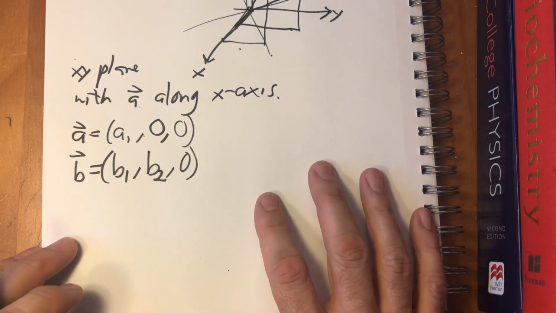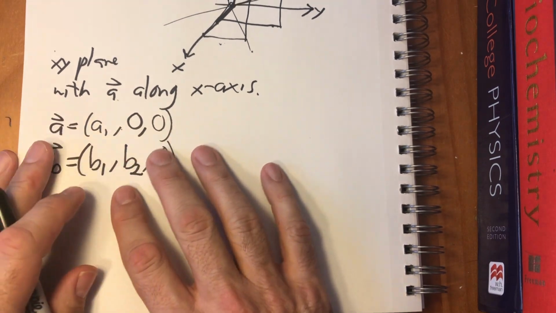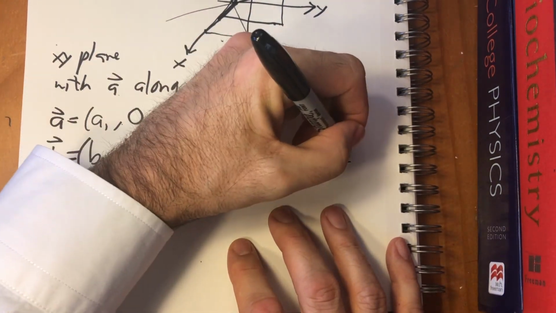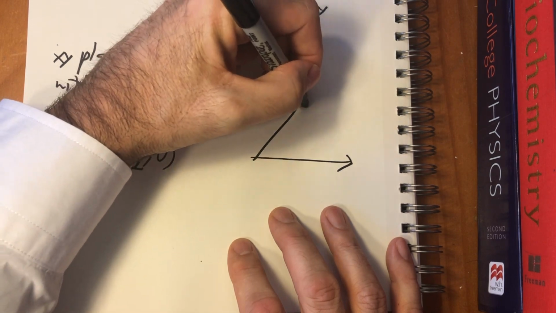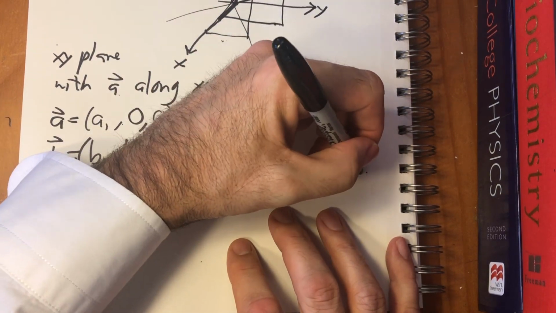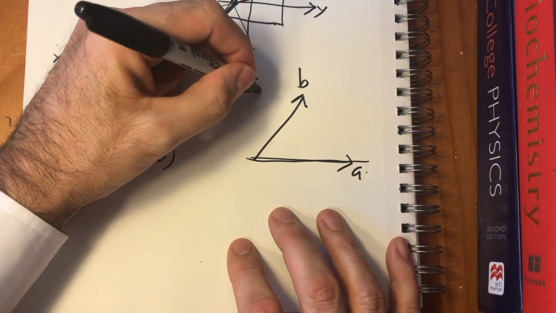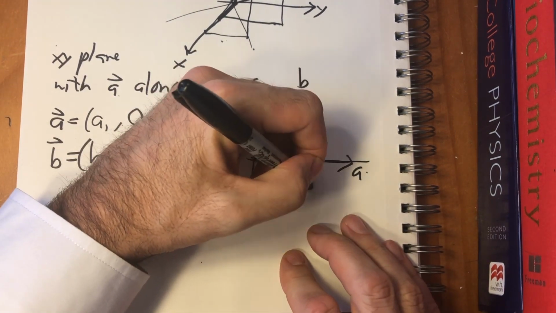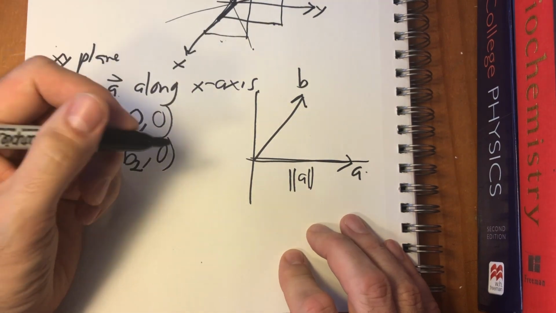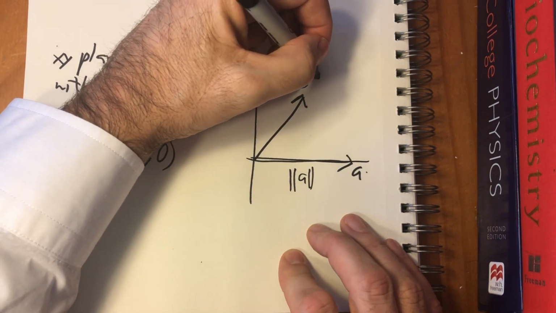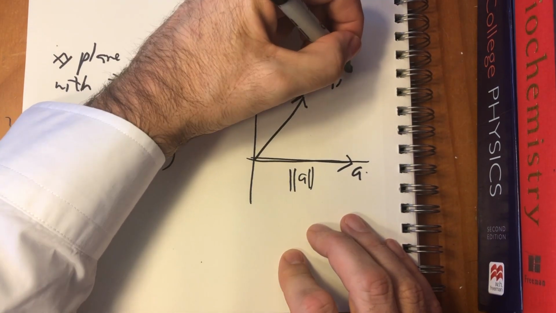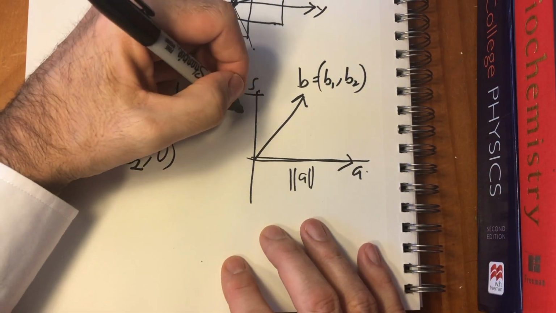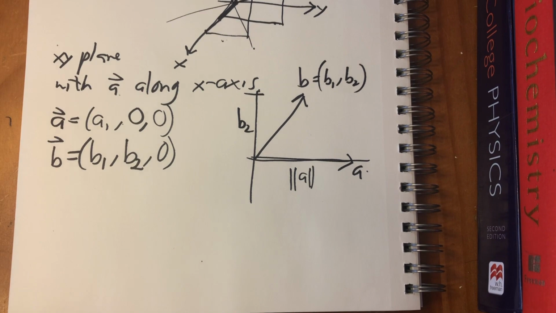Now, given that, let's first of all figure out what is the area of this parallelogram. So we have an A and a B, and they're in the xy plane. So we know that A is the base, and we know that the height of this is just B2, right?